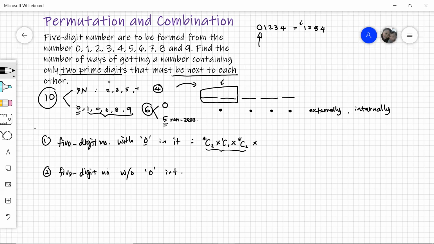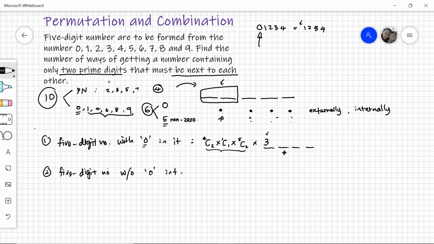Now, since we have 0 in it, out of the 4 spaces, the first space cannot be filled in with 0. That means we only have 3 items to go in. So out of 4, 0 cannot go in. That means we're only left with 3 choices in the first empty space. Then after we have settled the non-zero digit in there, in the second empty space, 0 can go in.